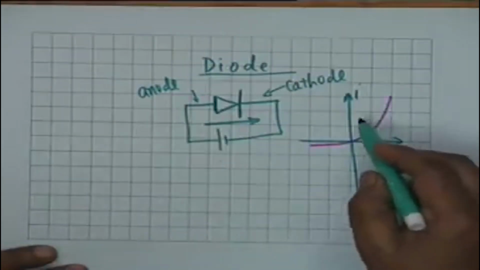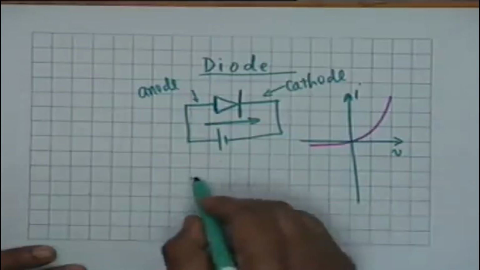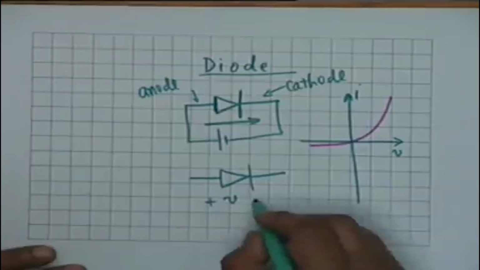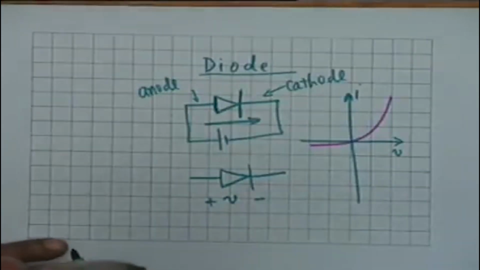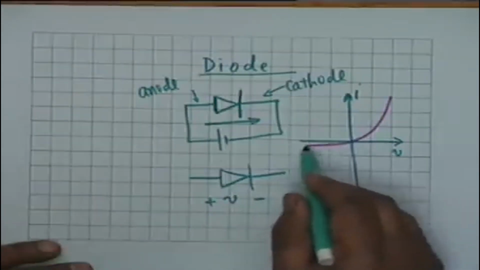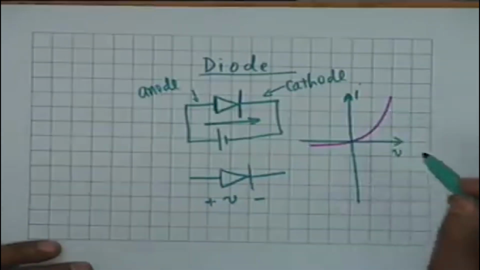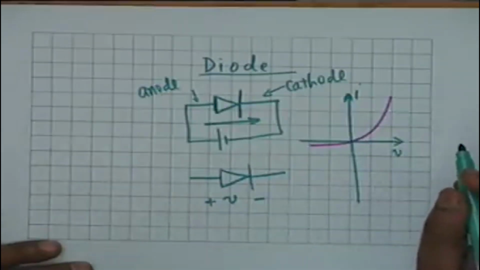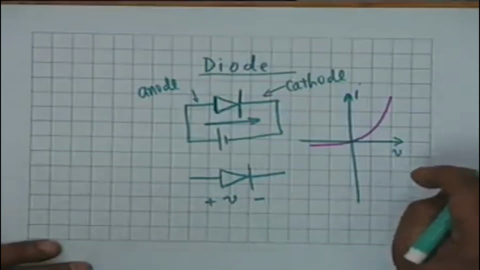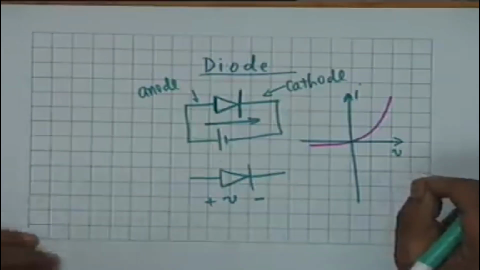The current flows easily if V is positive, whereas the current flows with a lot of reluctance if V is negative. When V is negative, this current is negligibly small. In fact, the forward current could be of the order of a milliamp and the reverse current could be as small as a nanoamp. Nanoamp is 10 to the minus 9 amperes.